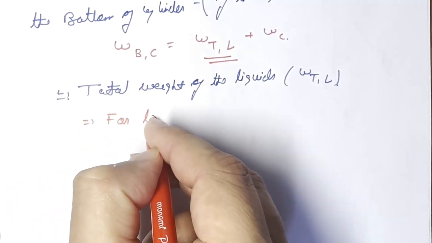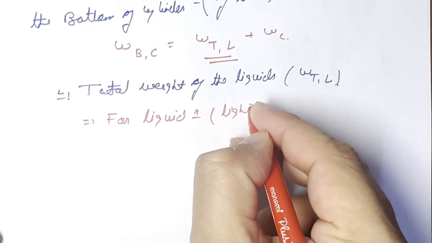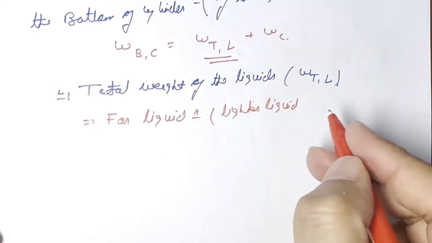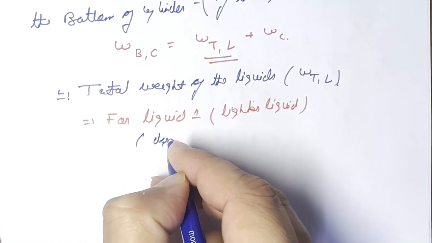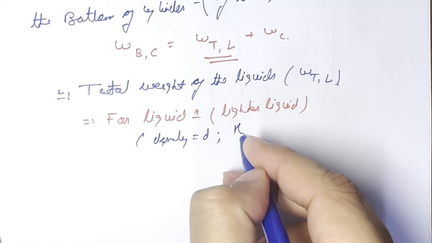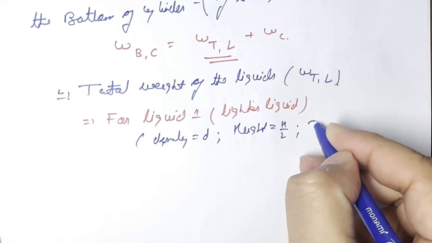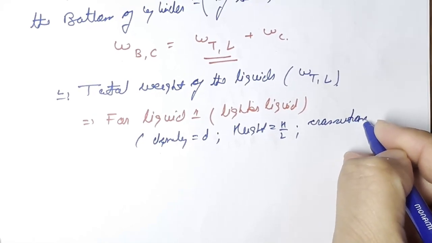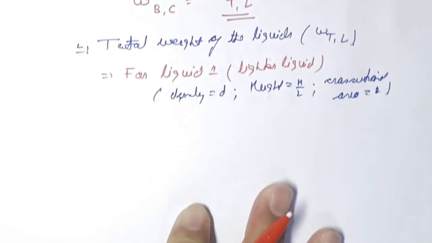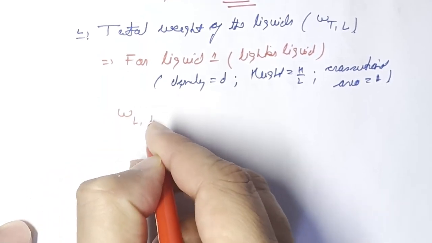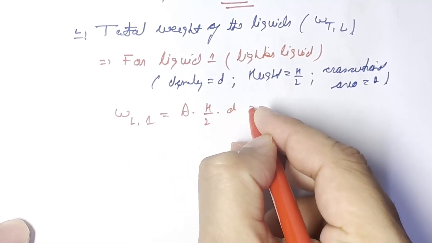For liquid 1, which is our lighter liquid, it has a density d, height h by 2, and cross-sectional area A. Therefore, weight of liquid 1 will be equal to A h by 2 multiplied by its density and multiplied by G.